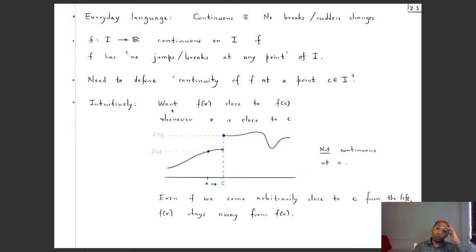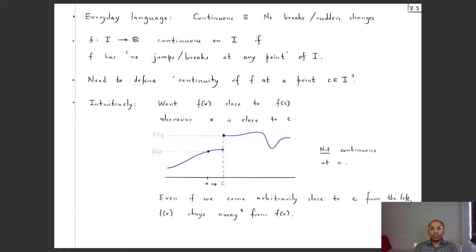What we want is f(x) should be close to f(c) whenever x is close to c. So somehow we have to translate this into some precise mathematical statement, and that should mean that f is continuous at c. And clearly this is not continuous at c, because no matter how close I get to c from below, I stay far away from f(c). So it's not the case that whenever x is close to c, f(x) is close to f(c).